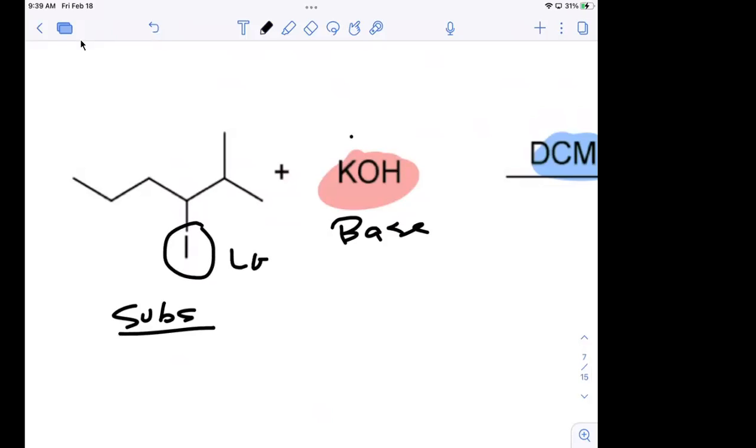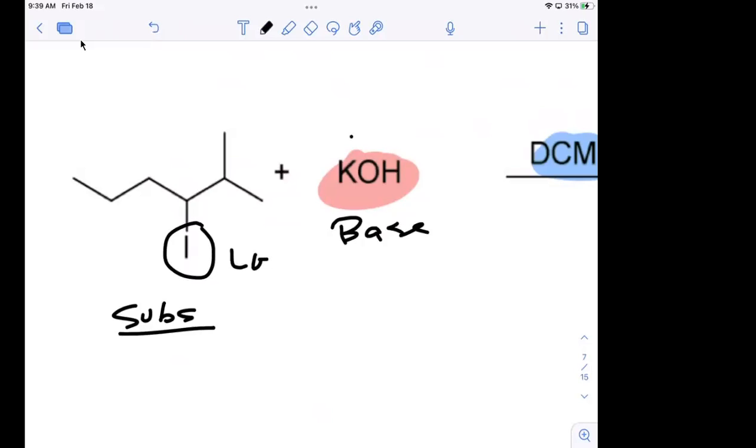So once I identify the leaving group, how do I know that that's the leaving group? What's the clue that I look for to identify my leaving group? It's on a secondary carbon. That's true.